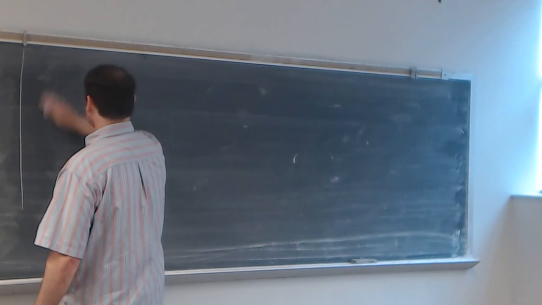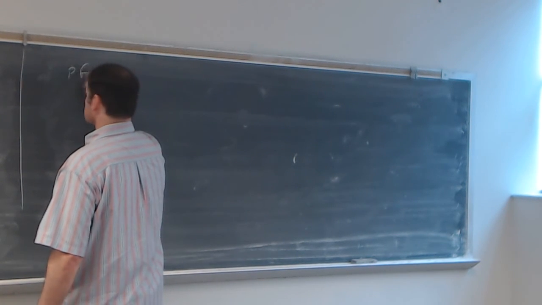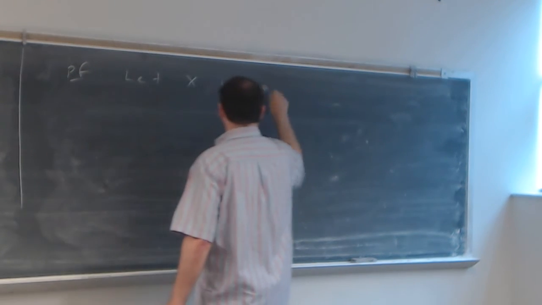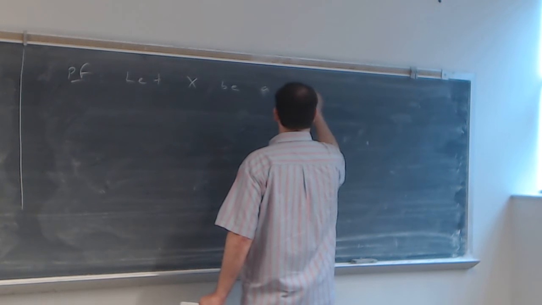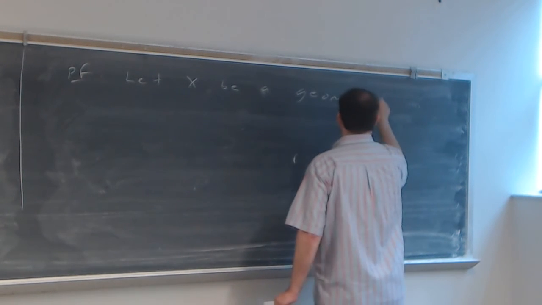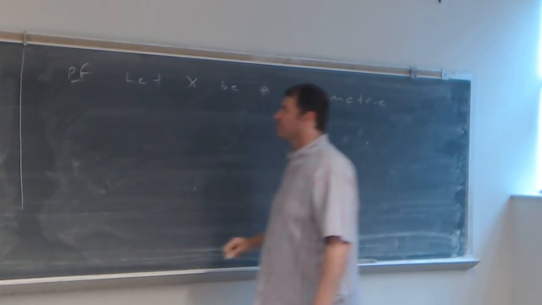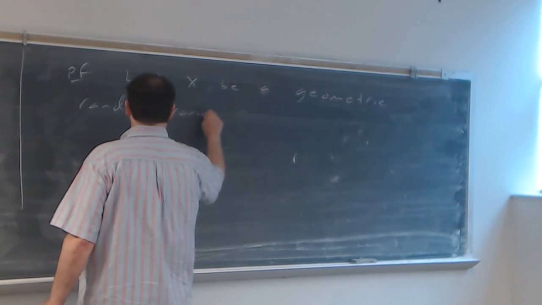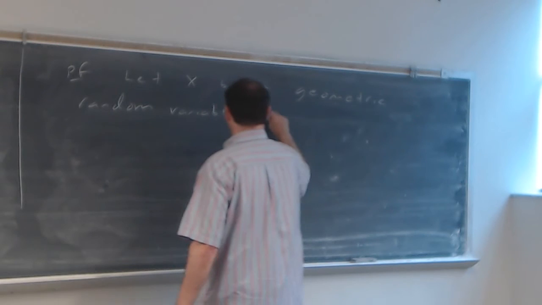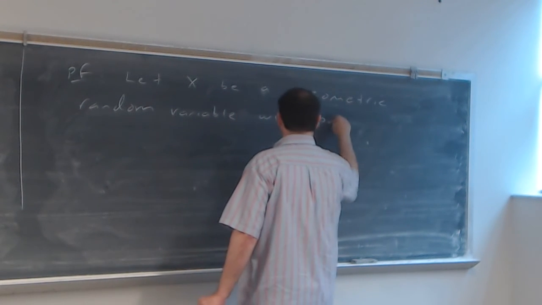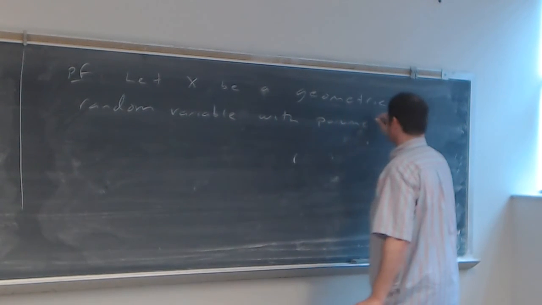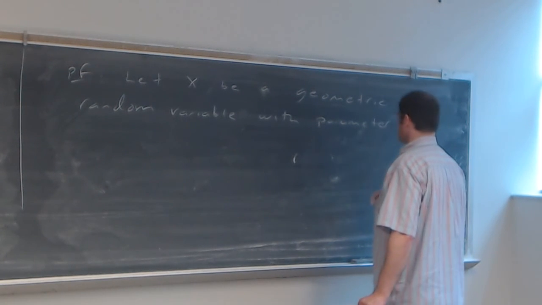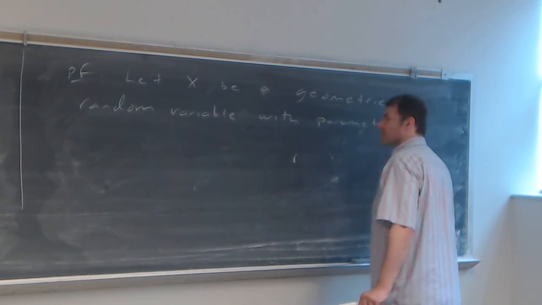Okay, so here's the proof. We're going to let x be a geometric random variable with parameter p.